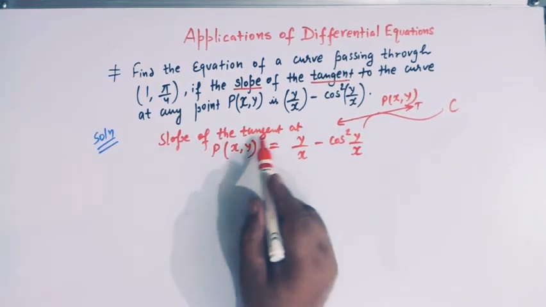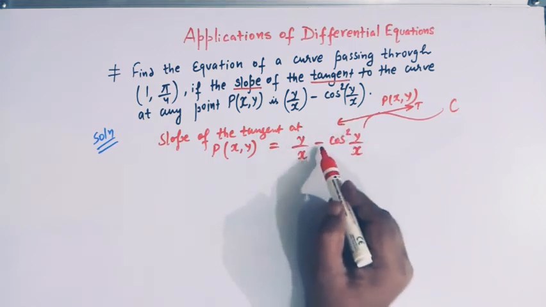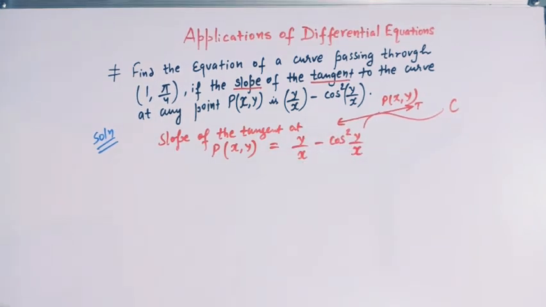So the slope of the tangent is given by y/x − cos²(y/x).